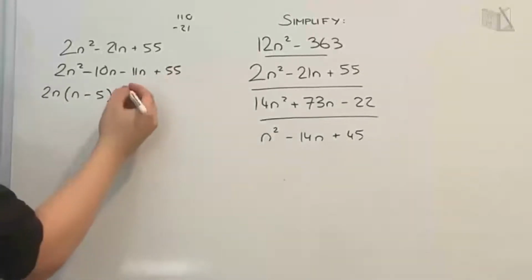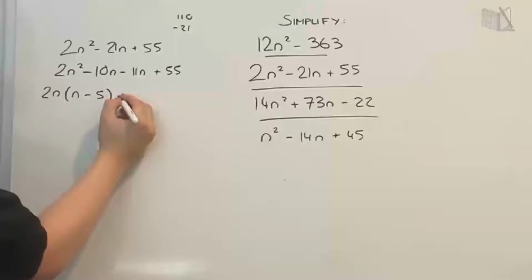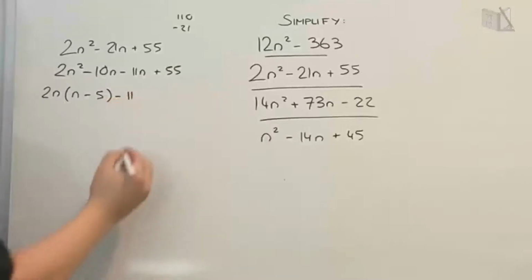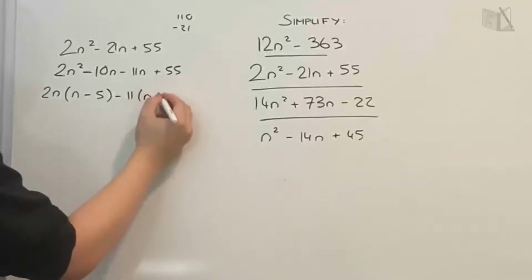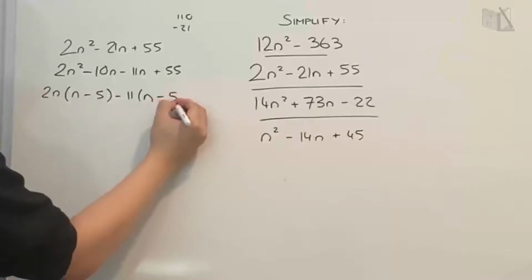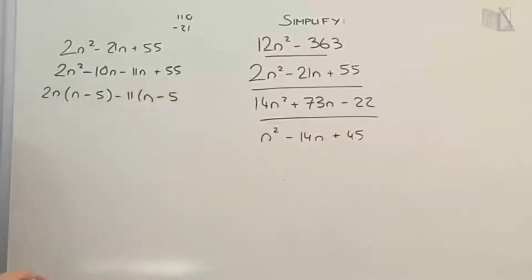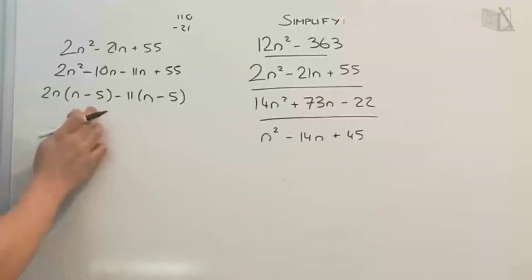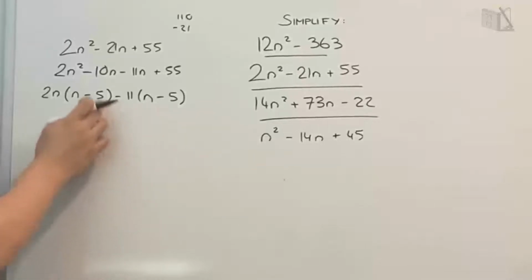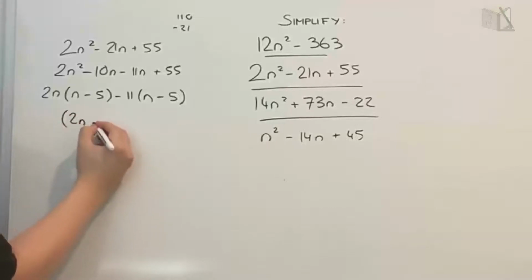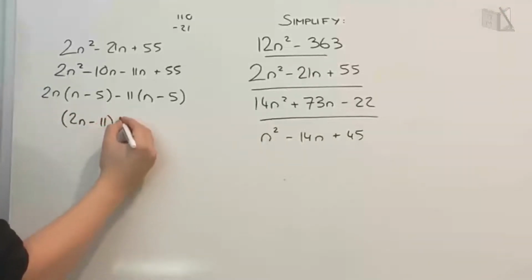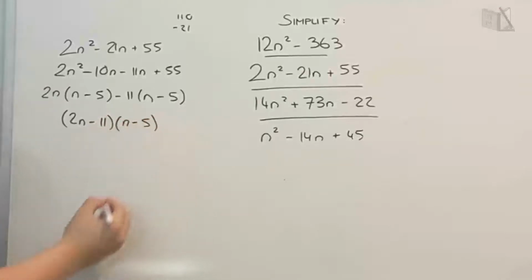I can take out a common term of minus 11, and inside this bracket I will be left with n minus 5, because we've taken a negative sign out of the positive, so this becomes a negative. Factoring by grouping, you should be left with two identical brackets, which means we can get rid of one of them, and our factors are going to be 2n minus 11 and n minus 5. These are our two factors for 2n squared minus 21n plus 55.